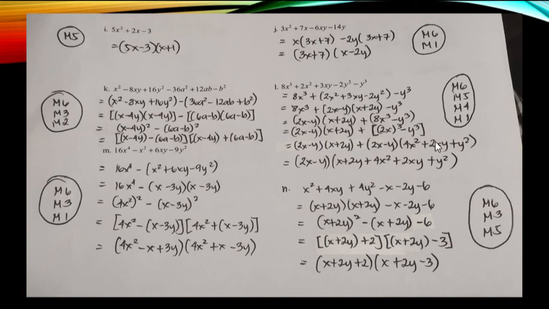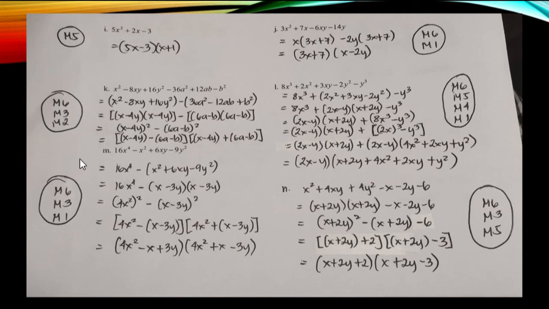Again, so na sila common. So, maggamit na nato ang atong method 1. So, daghan nagamit nga methods, no? So, ang atong method 1, ikuha na to ang GCF. Ang common nila is 2x minus y. So, gipagawas na to, ang nahabilin diya x plus 2y plus ang nahabilin diya 4x squared plus 2xy plus y squared.